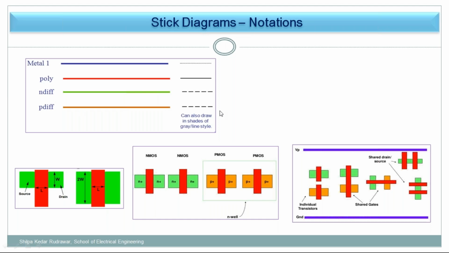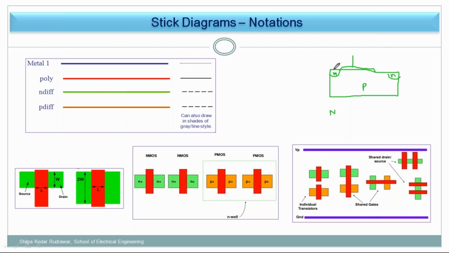N plus diffusion. Now what is meant by N plus diffusion and P plus diffusion? We have already gone through the concept of P type MOSFET and N type MOSFET. Suppose I have an N MOSFET: I have N plus doping over here and N plus doping over here, and this is my P substrate. Over here there is a SiO2 layer, the oxide, silicon dioxide, and the gate. These two N plus regions mean this is an N channel MOSFET.